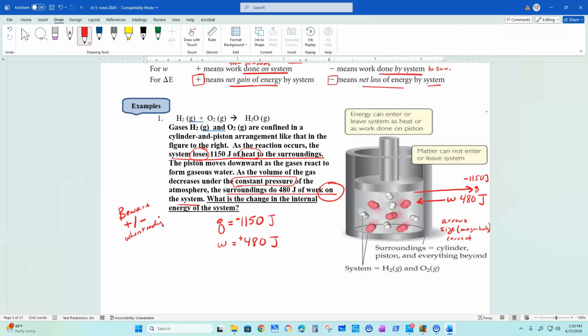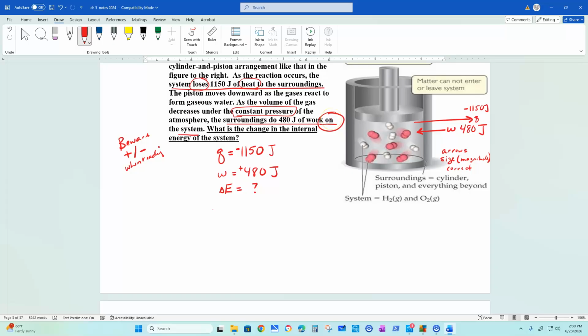What is the change in internal energy? So I'm solving for delta E, the change in energy. When I write my equation, Q plus W, I have my two values. Nothing difficult about adding two numbers.